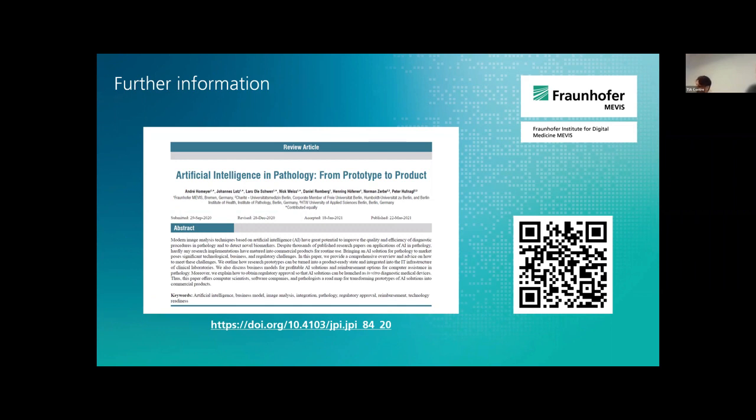For example, if you want to benchmark a data set, an algorithm or a product on how well it does on changes of illumination or staining or focus deterioration. So how much can it endure this kind of domain shifts or artifacts, right?